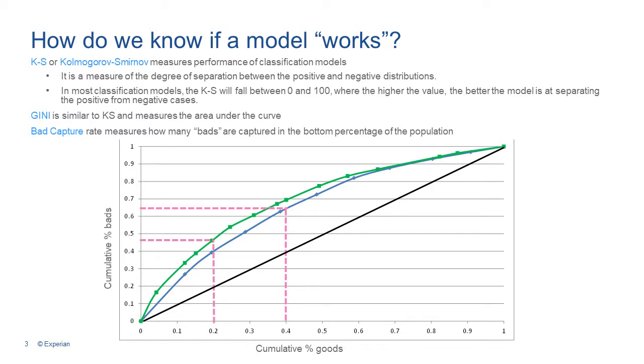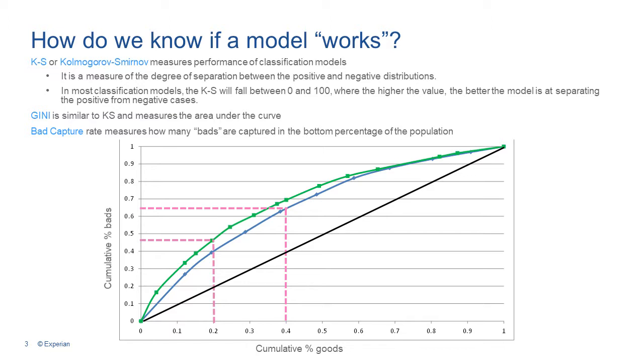So the random line is the black diagonal straight line denoted on this graph. That just means you're getting the population that you would expect if you took a random sample of something. Then the models, where they are predicting, are going to provide you, if they're working, some sort of lift. What the KS metric does is measure the distance between that random black diagonal line and the curve that is predicting your model.